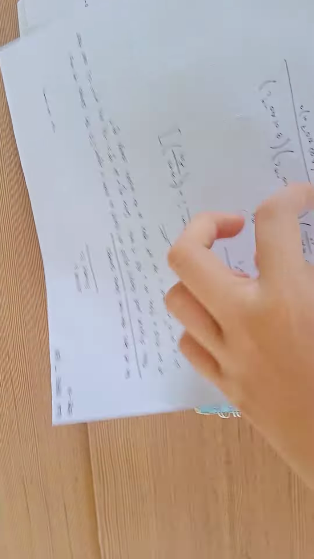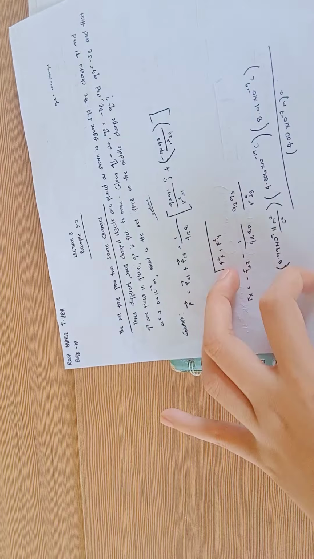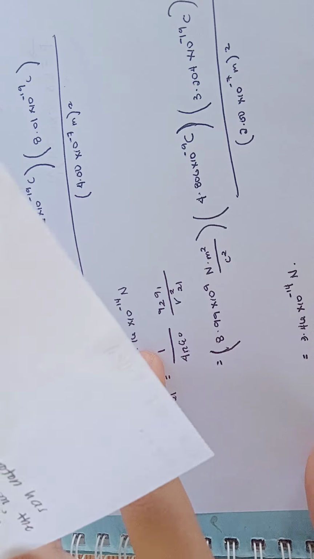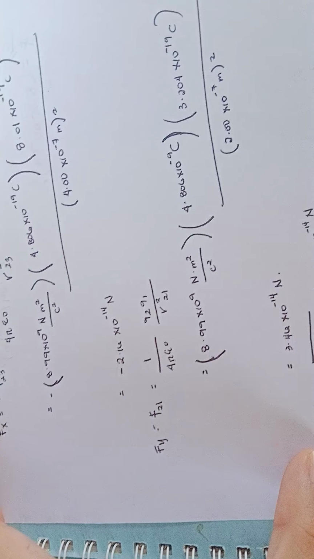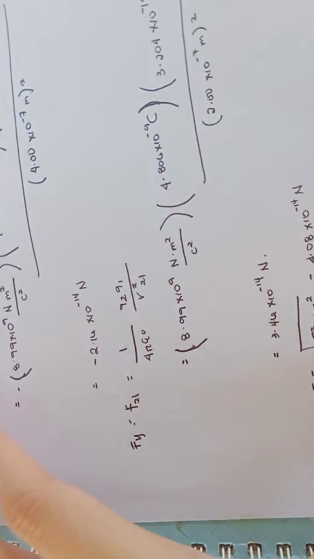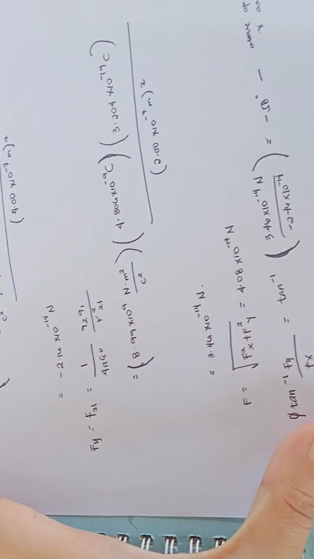So we simplify this, and we get 10 to the power of negative 14 N for Fy.